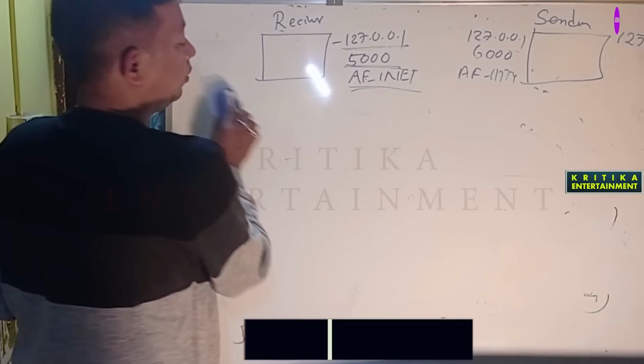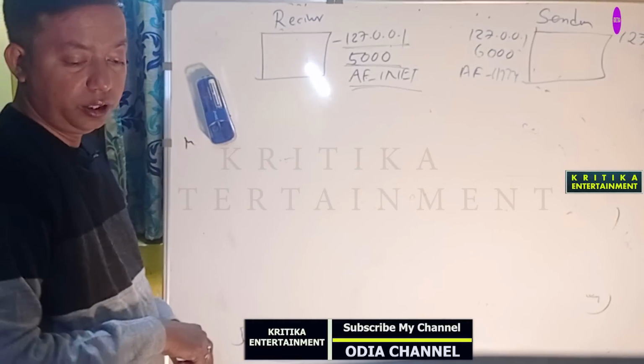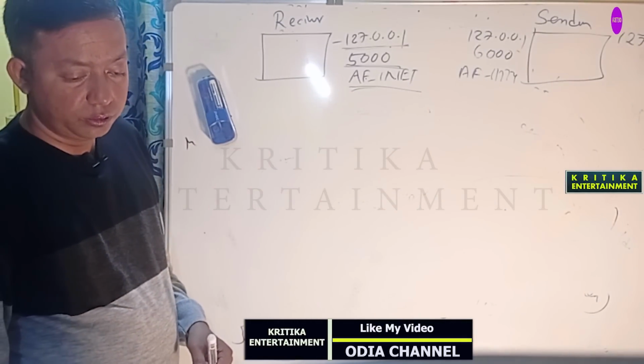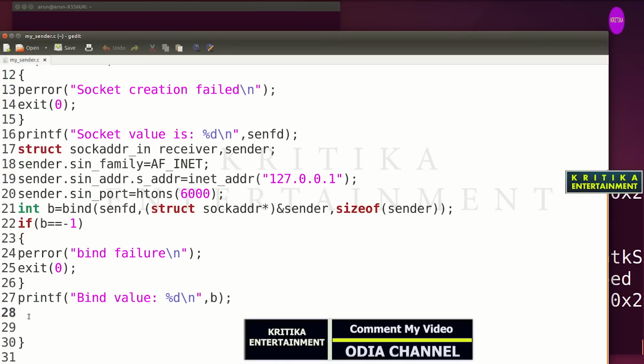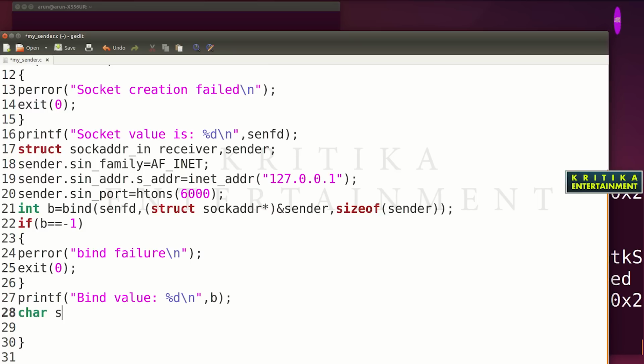So the same thing I will write in my program. What are the parameters? Here I will write, suppose, char str, and for the sender's send message I will use SND, suppose 20.